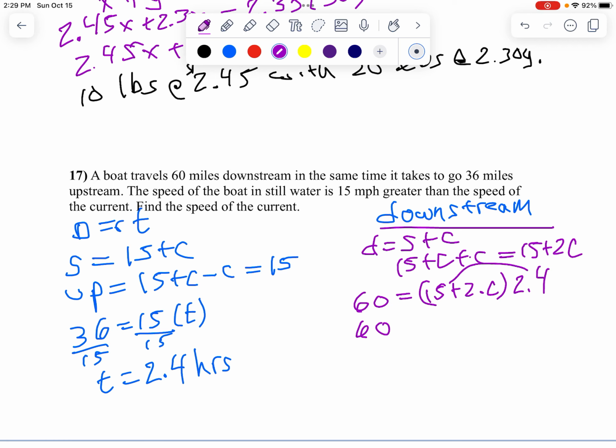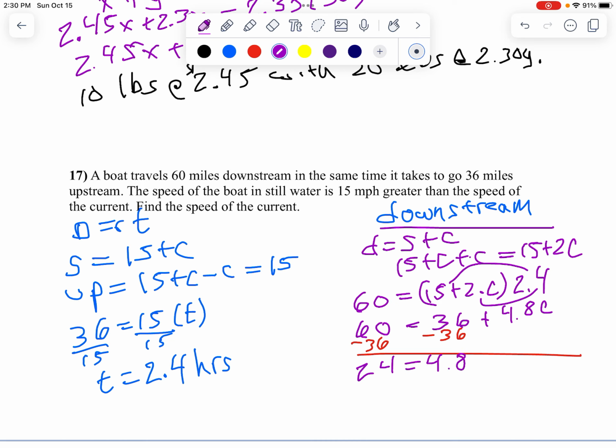So now we're going to solve this equation. Let's simplify. 15 times 2.4, notice that's 36, plus 4.8C. So minus 36 from both sides. And we get 24, don't we? Equals 4.8C.